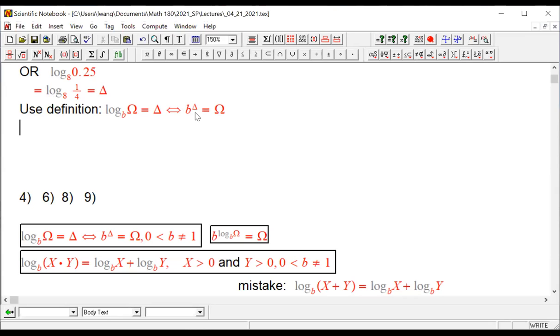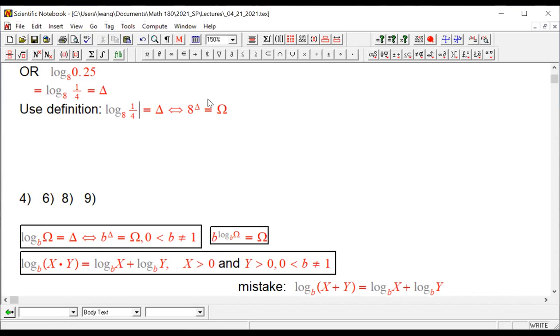So in the basic definition, here we have 8. So this is 8, right? Omega is 1/4. So this is 1/4. And we just have to figure out what the triangle is.